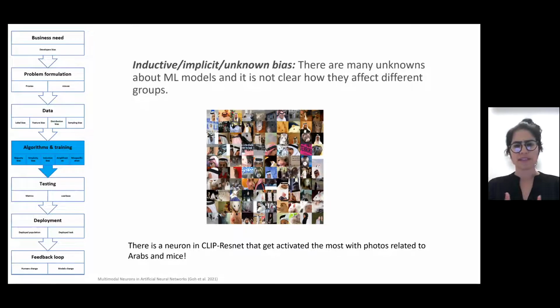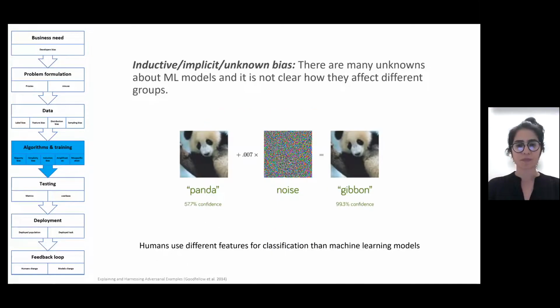And they show that there is one neuron that gets activated either with Arab clothing or with mice. It's not even clear why this is happening, or what the effect would be in the downstream application. And it's very different from the biases that humans have. So these inductive, implicit, unknown biases are also something that we should care about.